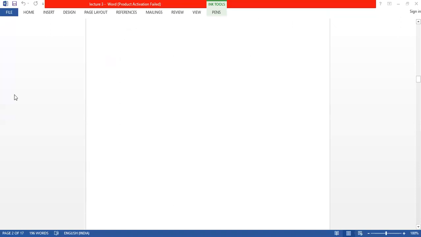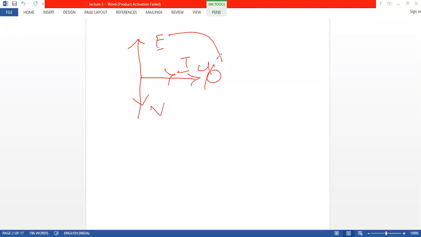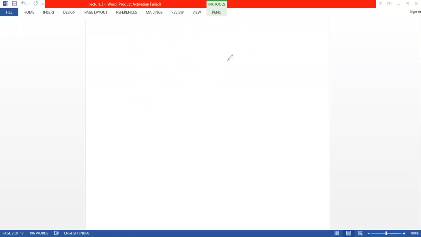See here, transformer diagram, you know. This is E, this is phi, this is I mu, this is your induced voltage. So E and phi lag by 90 degrees. E is the applied voltage.